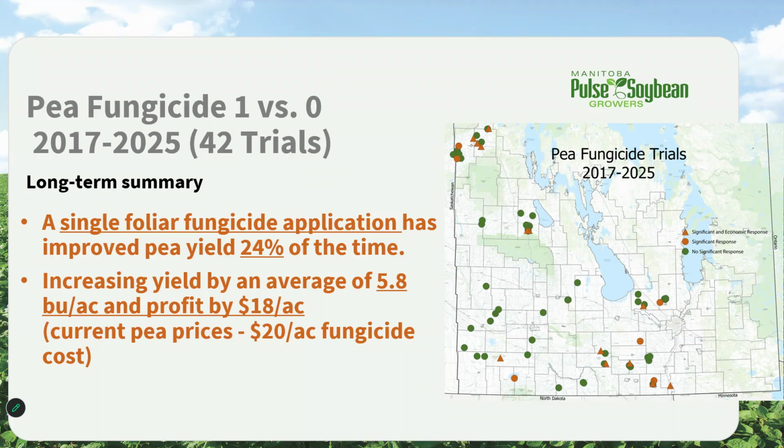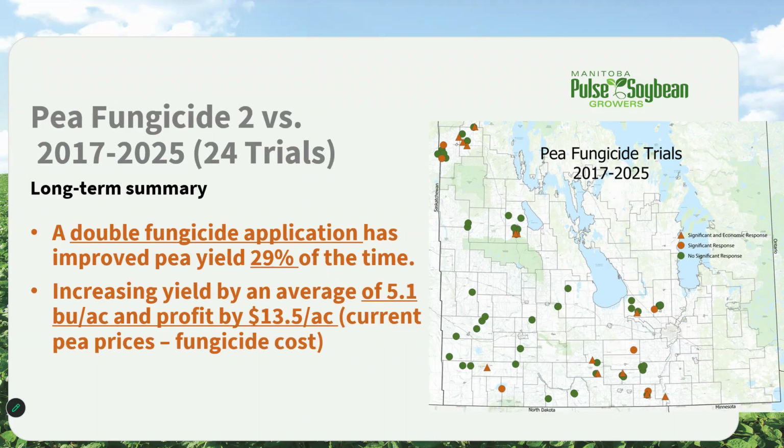At these sites, when significant, yield was increased by an average of 5.8 bushels per acre, and profit was improved by $18 per acre. This is based on current pea prices and about $20 per acre fungicide cost.